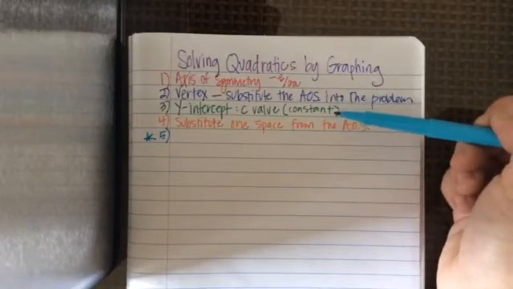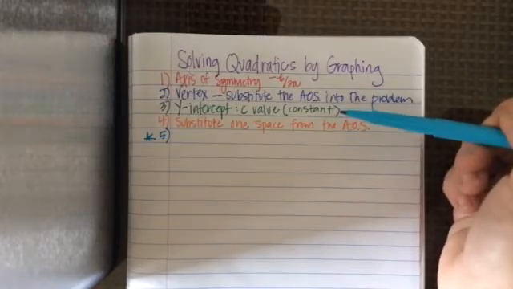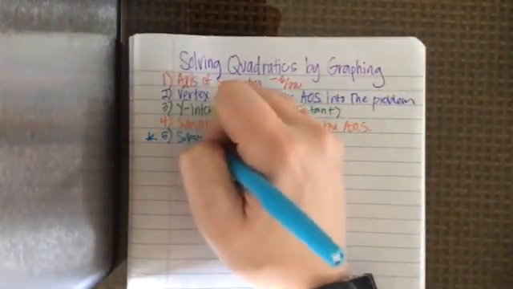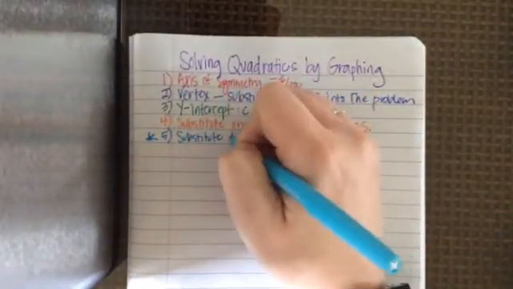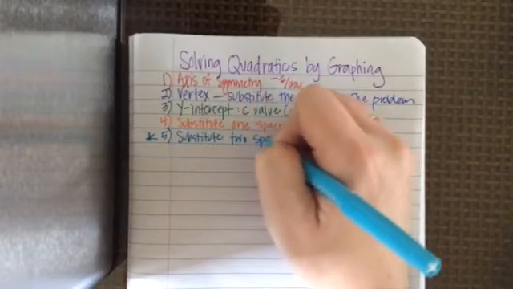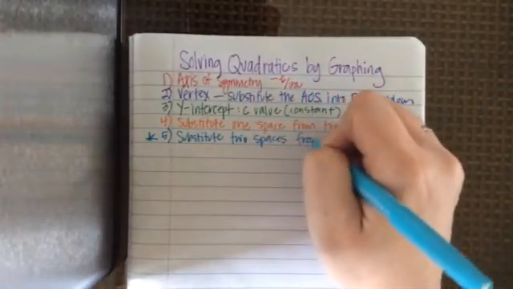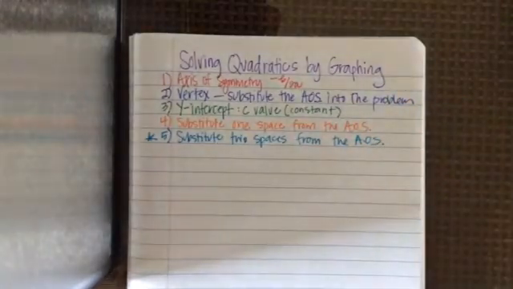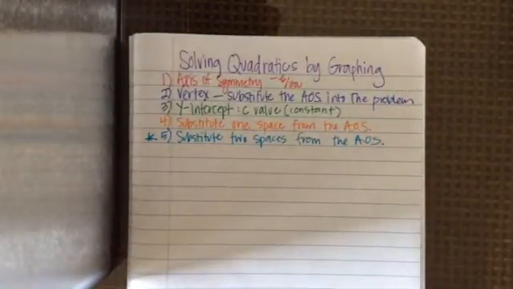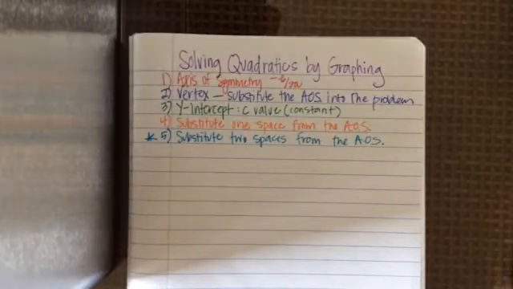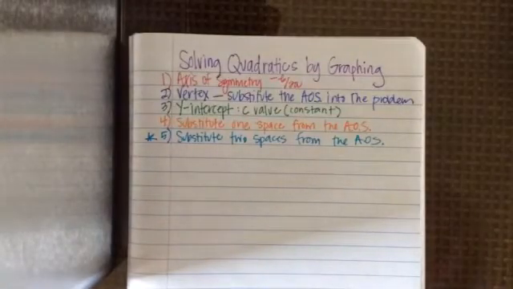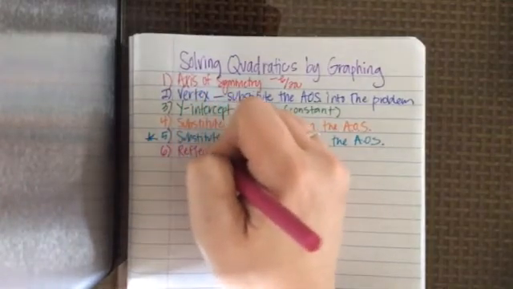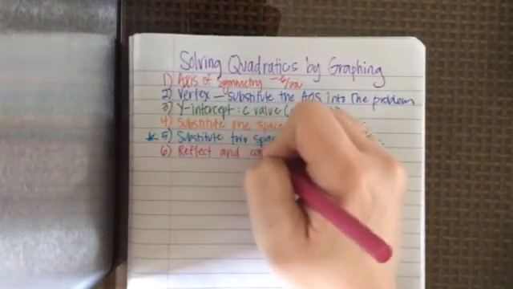If you have to skip step 3 because your y-intercept is too big or too small to graph, you substitute 2 spaces from the axis of symmetry. You can do that. Life is good. We continue on. We've got our 3 ordered pairs, so now we reflect and connect.